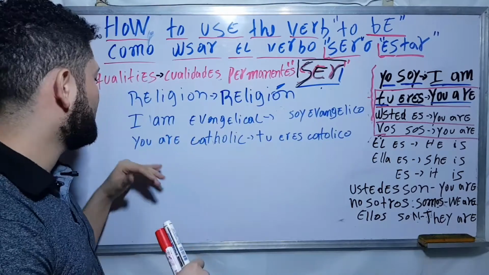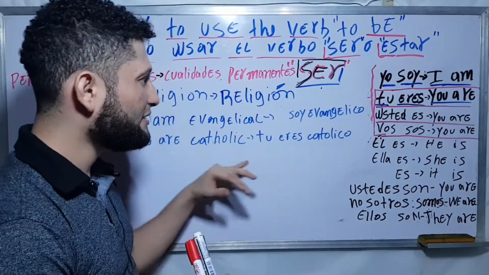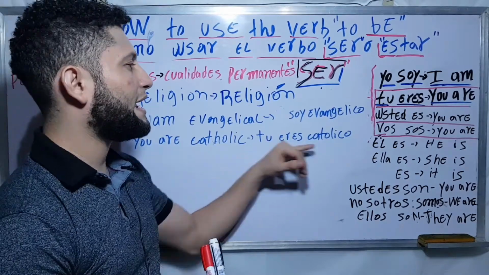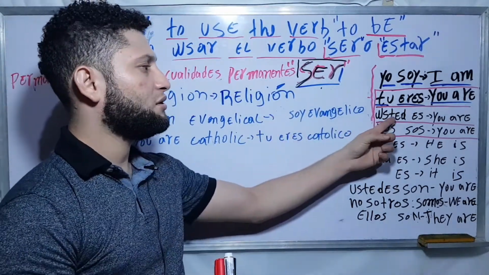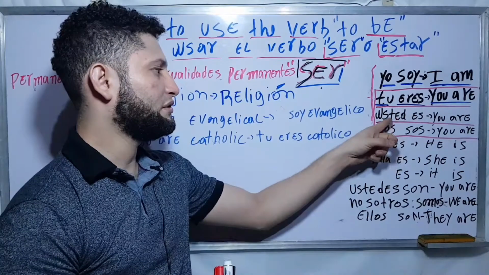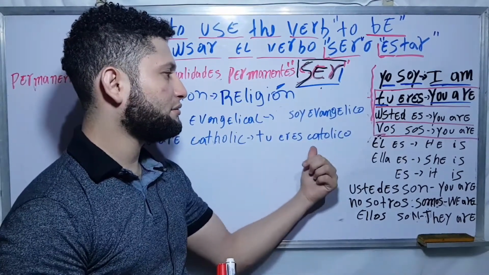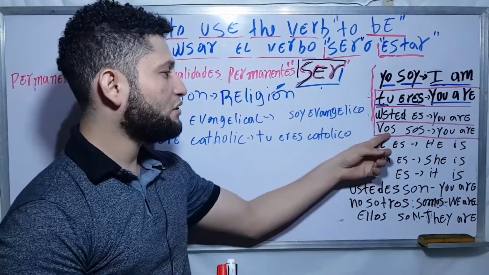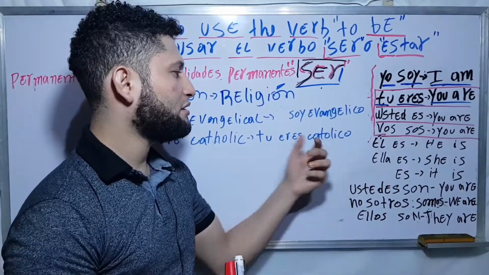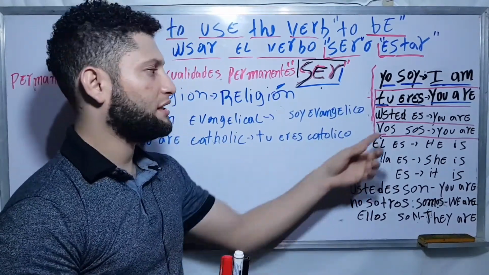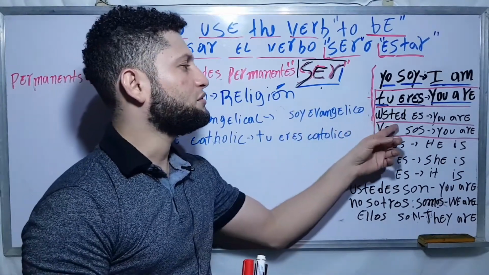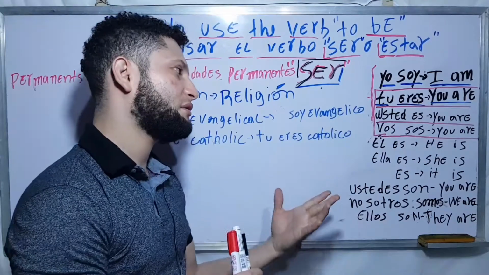So the same thing here, guys. I can say you are Catholic, tú eres católico. I can say usted es católico, vos sos católico. In this case, you need to say usted es católico.